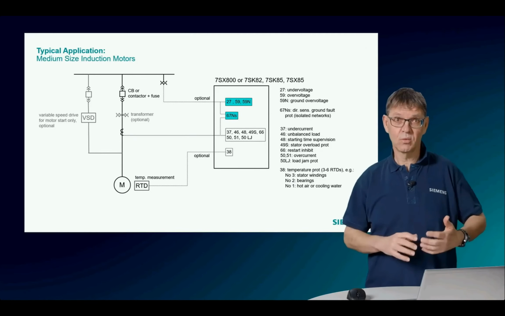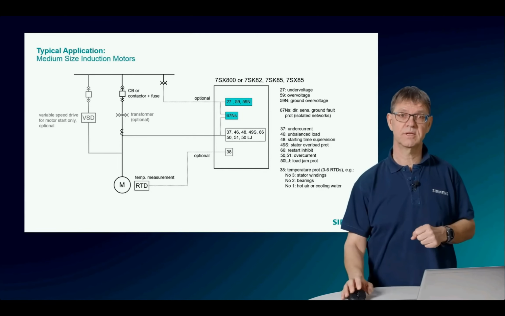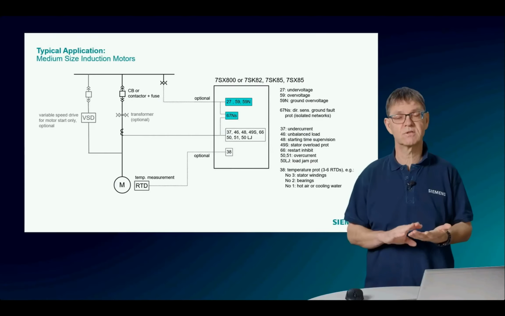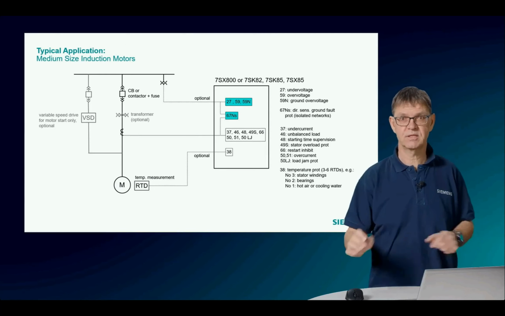So if we go one step higher, then we could say, okay, let's add a voltage transformer here. Then we can have additionally the voltage based protection functions like an undervoltage protection 27 or overvoltage protection. And if we need a directional sensitive ground fault protection, we need also at least the V0, so the zero sequence voltage, or the 3-phase voltages.